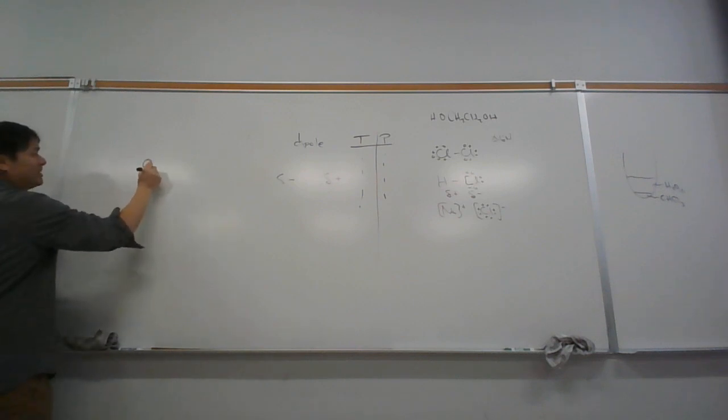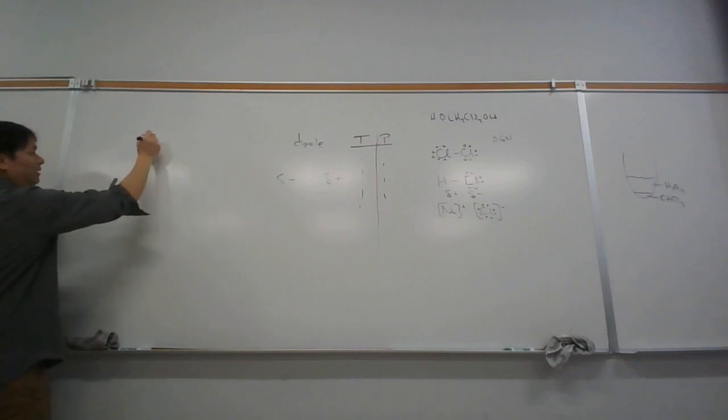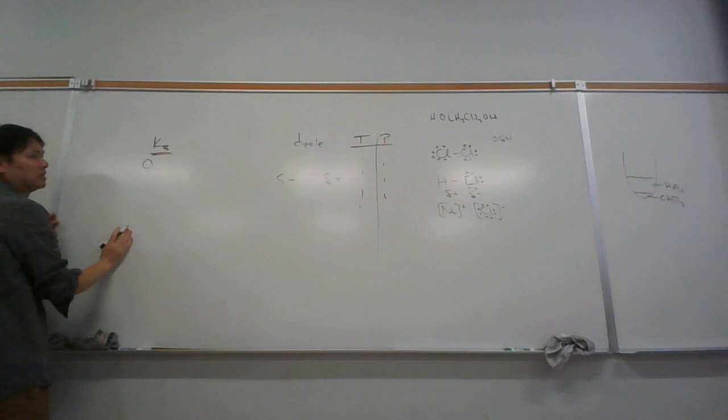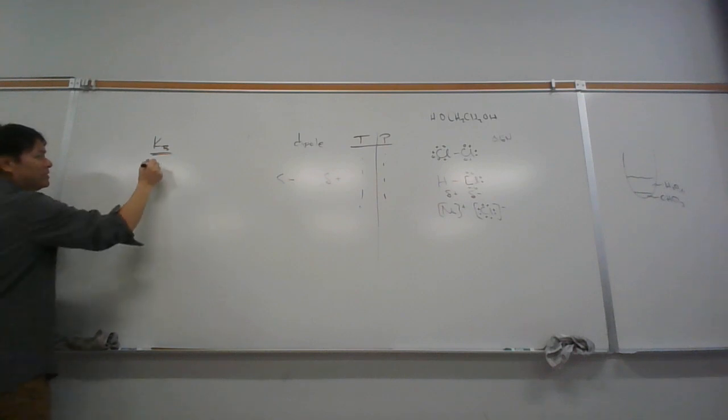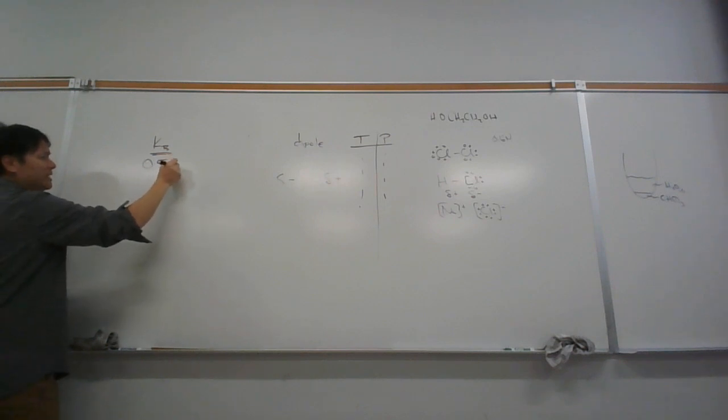Because of this, this is K sub B. K sub B is the boiling point elevation constant. The boiling point elevation constant for water is only about 0.5, 0.51, 0.52 degrees C per mole.